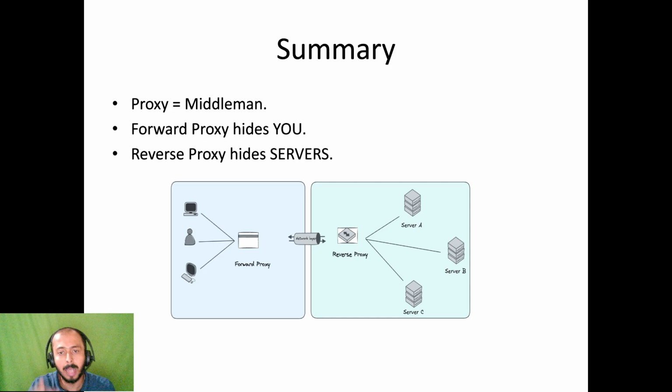It will hide the IP of the server. I've explained this with a very basic diagram. In forward proxy, it will hide the IP of the client, and in reverse proxy, it will hide the IP of the server. I hope you understand this session, and it cleared your doubts about what forward proxy and reverse proxy are.